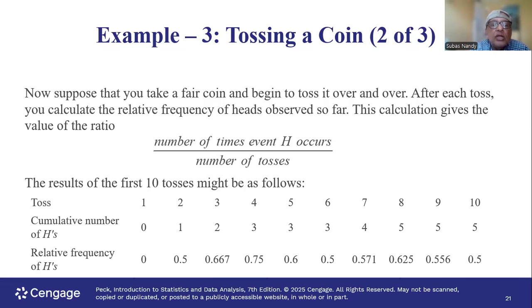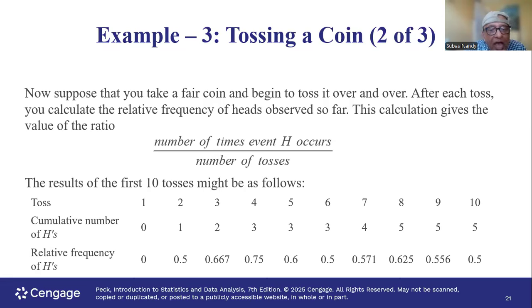For toss number 1, you got 0 heads. So the cumulative number of heads up to toss 2 is only 1. Next, you also got a head when you tossed the coin 3 times, so it will be 1 plus 1, cumulative will be 2, and so forth.